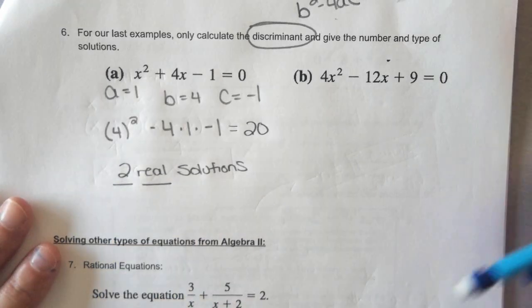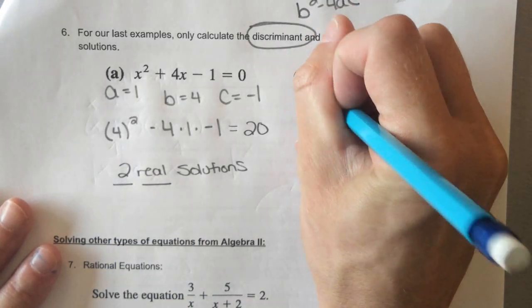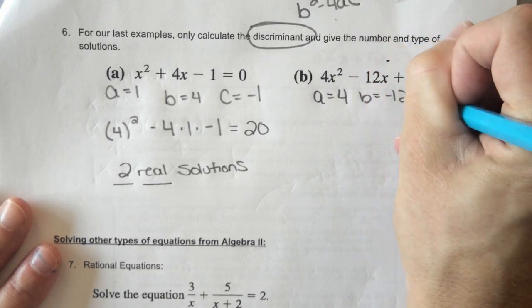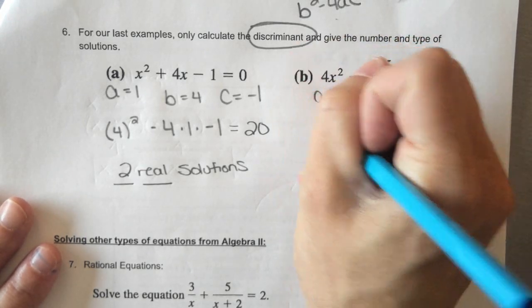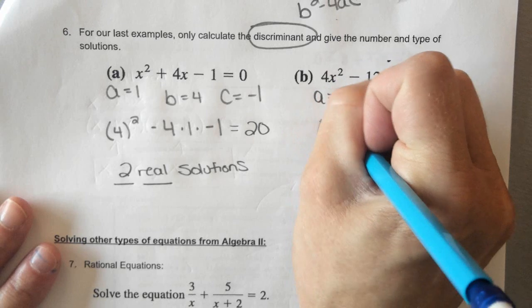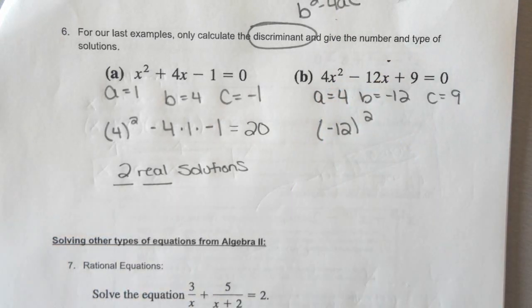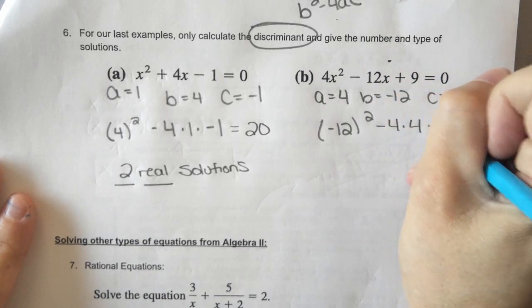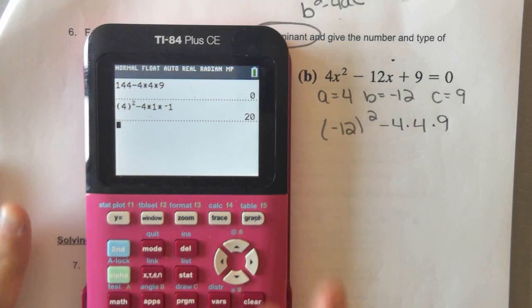Part B, what's my A? What's my B? What's my C? 9. B squared, again, I just always put it in parentheses because otherwise if I don't do it every single time, sometimes I forget when I really do need them. Minus 4 times A times C. Okay, watch the difference of what happens.